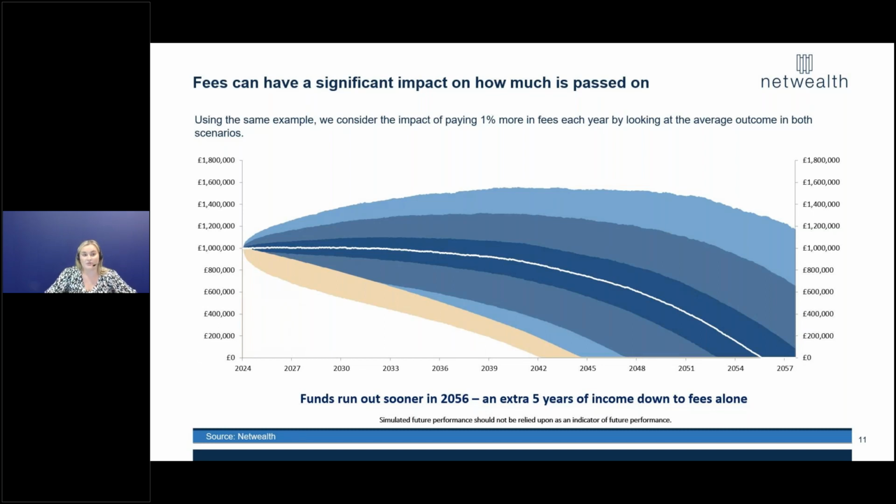So fees are really important all of the time, but particularly when looking to retirement, whether that's paying lower fees now if you're younger and further away from retirement and giving your retirement pot the best chance of growing as much as possible instead of being eaten away by those higher fees, or paying lower fees now if you're in retirement or about to retire to ensure that that pot lasts for the desired number of years and the income you can take from the portfolios is the highest it could possibly be.